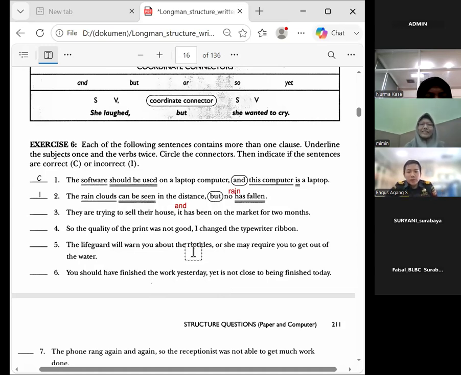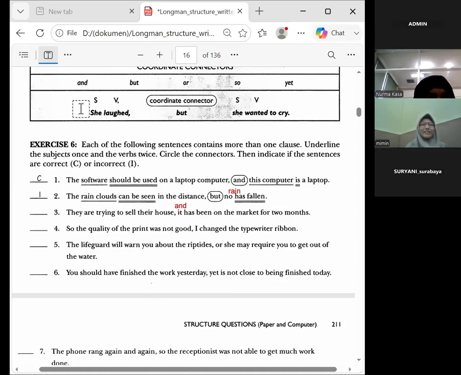What is the connector? Kak Nurma, what's the connector? Remember, this is the pattern. We have subject, verb, comma, connector, subject, verb. You can take a look at the summary in the file that you have.